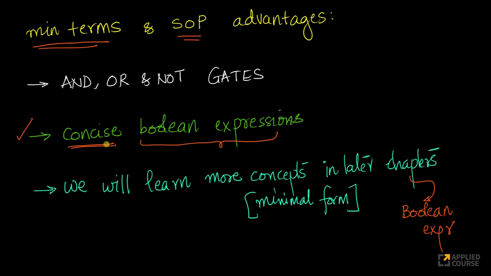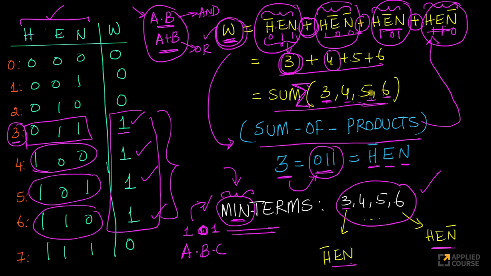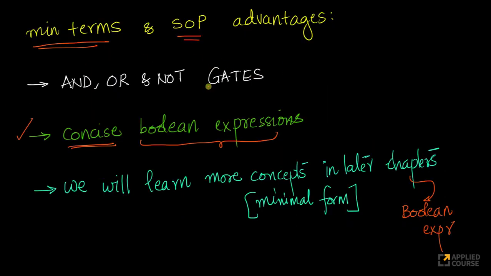Number two, when we represent it as sum of products, all you need is basically 3 logic gates. We have seen logic gates in the previous video. You just need an AND gate, OR gate, and NOT gate.